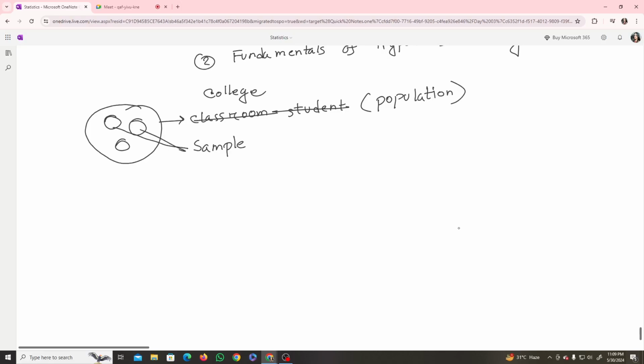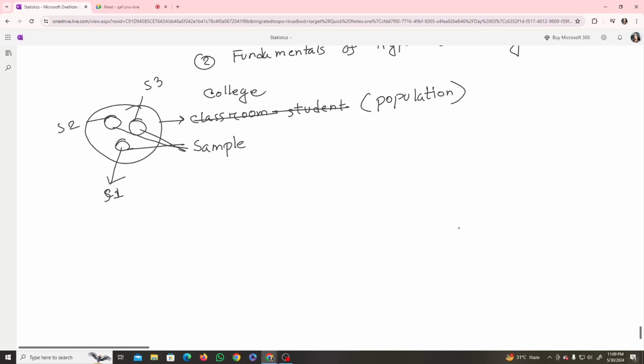One thing you will see is that every time you will have a different value from a different sample. Suppose we denote this as classroom 1 or sample 1, this as sample 2, this as sample 3. Each time you find the average, you will find a different value for height.